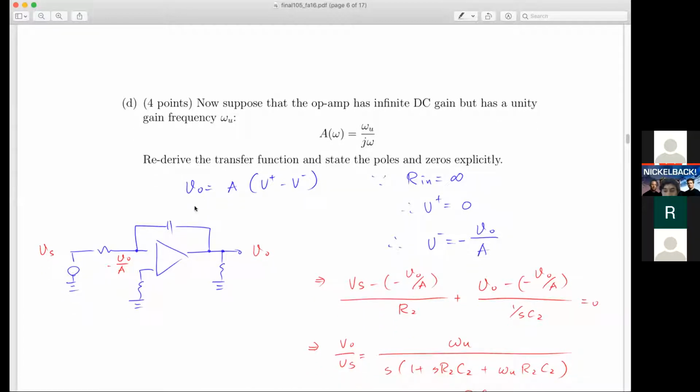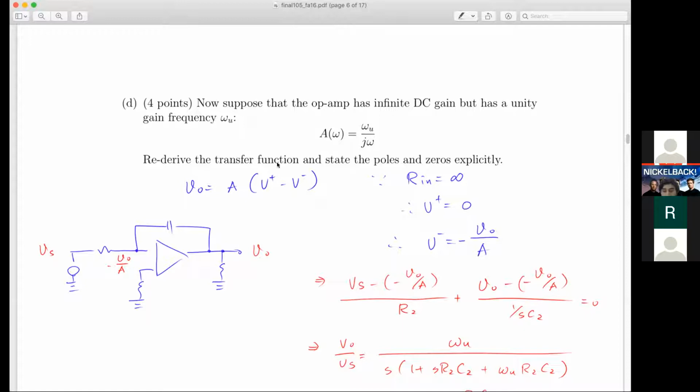In the op-amp, V out is equal to the gain times V plus minus V minus. Here our Rin is still infinite, so just as in part A, the current flowing through the positive terminal is still 0. So V plus is 0 here.